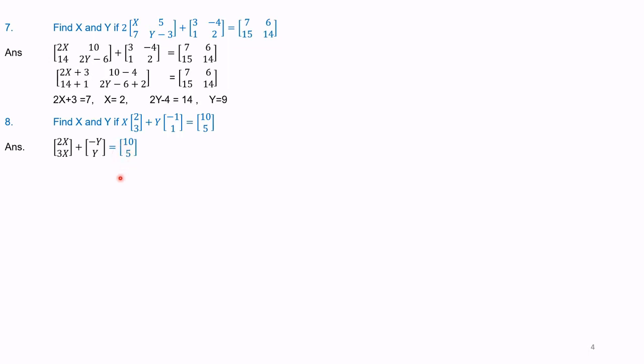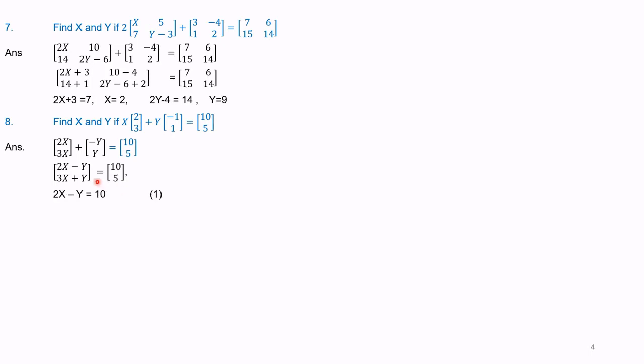Now, in the next step, we have to add the first matrix on the left hand side plus the second matrix on the left hand side. We will do it. Therefore, 2x minus y, 3x plus y are the elements of the new matrix after addition. That is equal to 10 and 5.